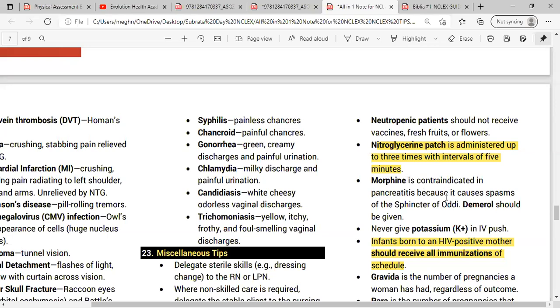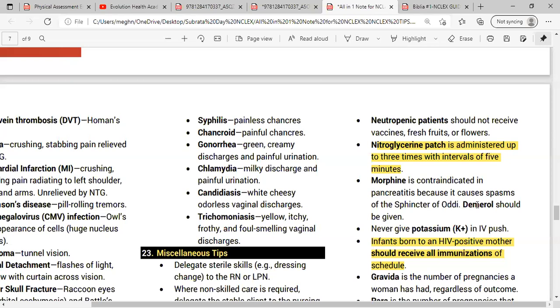The sphincter of Oddi is the small opening or valve in the second part of the duodenum where the pancreatic duct opens up. Demerol should be given. So if you ask me, if I do not give morphine as pain medication, what will I give?